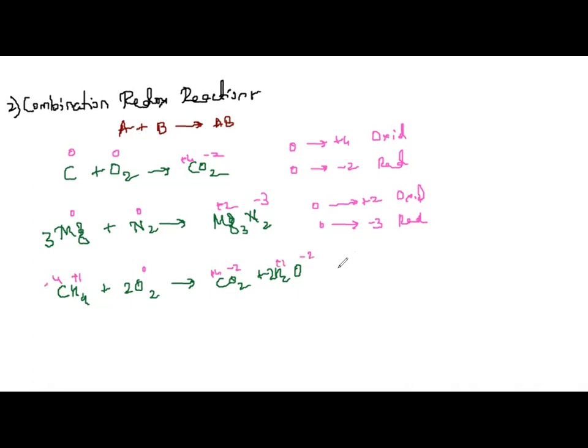So for carbon, minus 4 is becoming plus 4. So it is loss of electrons, oxidation. Hydrogen plus 1 is remaining the same, so it is a spectator ion, correct? Oxygen, from 0 it is becoming minus 2, here also from 0 it is becoming minus 2, which means reduction. Yes. So all are redox reactions which involve combining of the two reactants to form one product. So that is combination reaction. Third, what type of reaction we had seen? Third one was displacement reaction.